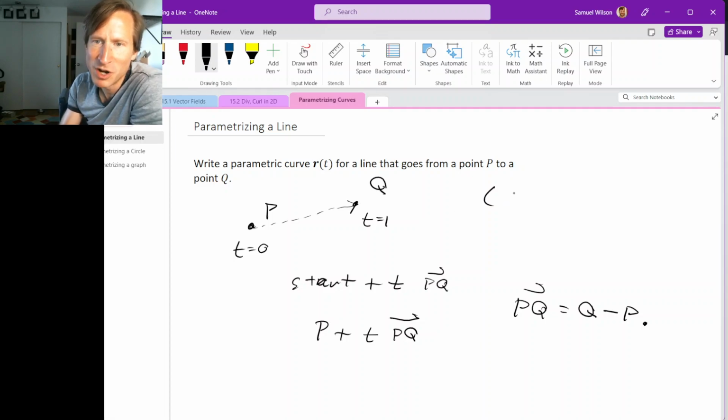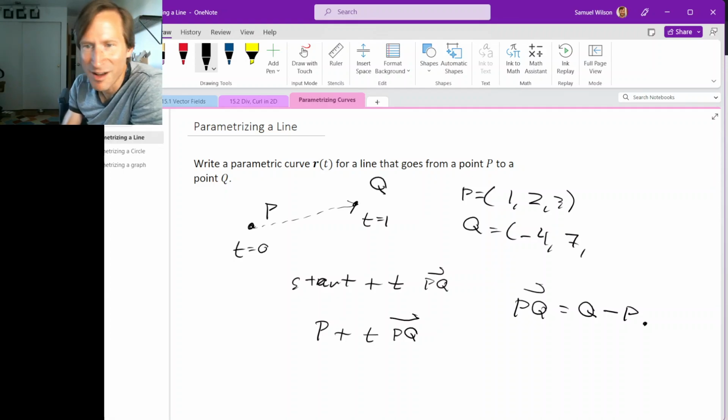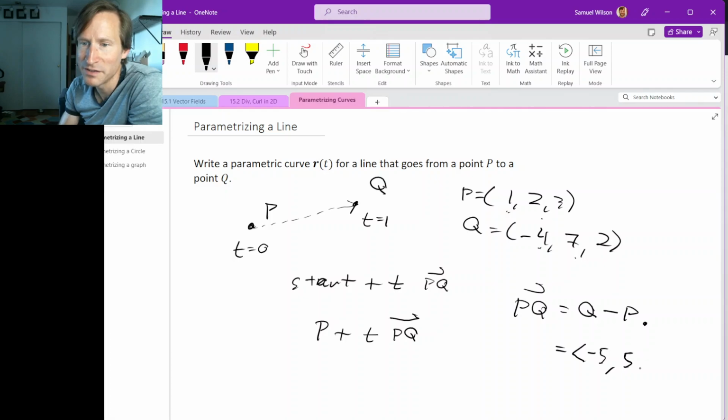So, if P were (1, 2, 3) and Q were (-4, 7, 2), then Q minus P: -4 minus 1 is -5, 7 minus 2 is +5, and 2 minus 3 is -1.